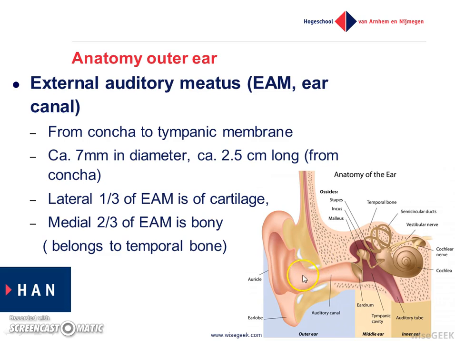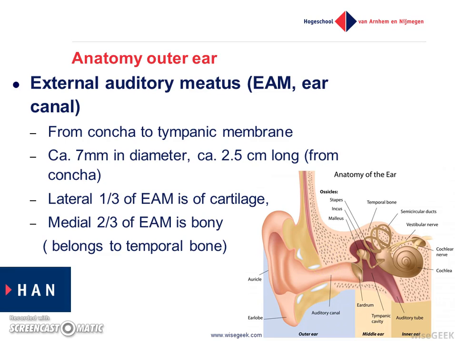The lateral or the outer third of the EAM, of the external auditory meatus, is built out of cartilage, and the medial or the inner 2/3 of the EAM are bony, and those bones belong to the temporal bone.